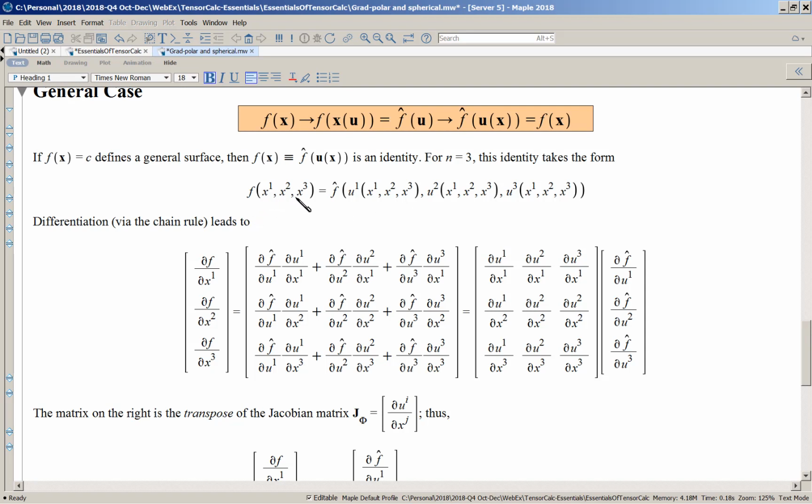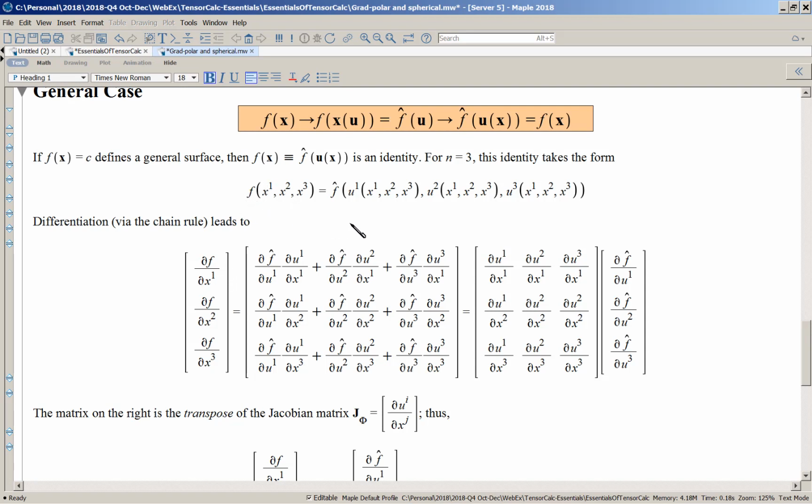f of x1, x2, x3 is some new function, related but different, of u1 of x1, x2, x3, u2 of x1, x2, x3, u3 of x1, x2, x3. I want to differentiate this with respect to the chain rule. So df dx1, let's just think about that one.